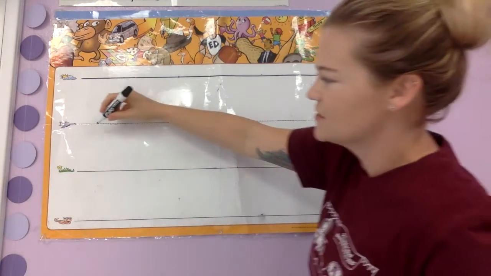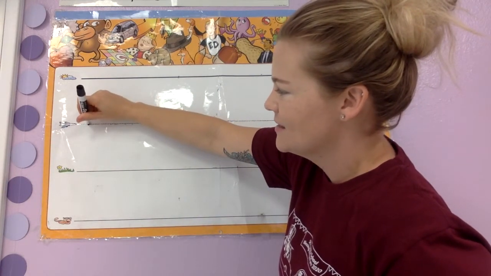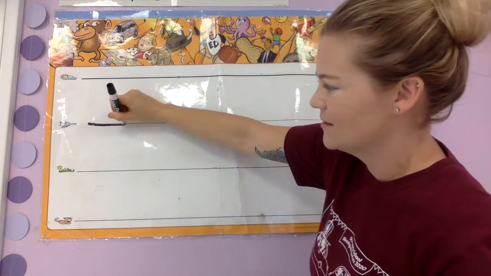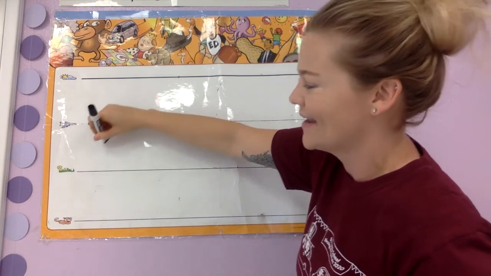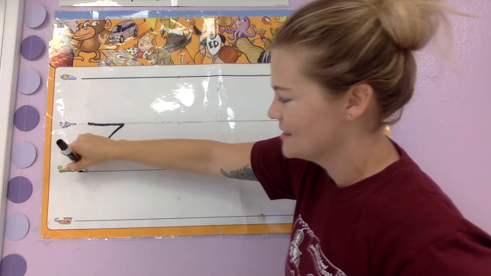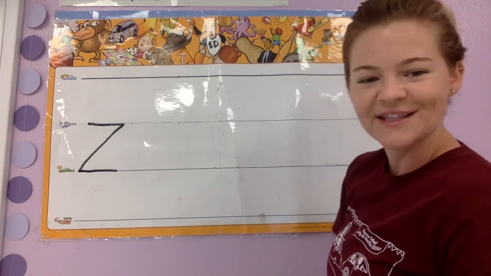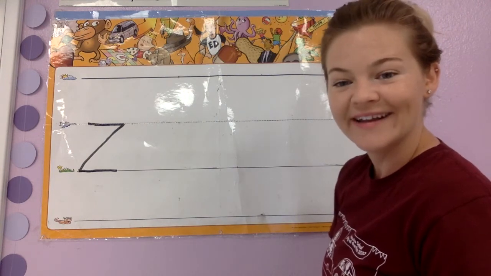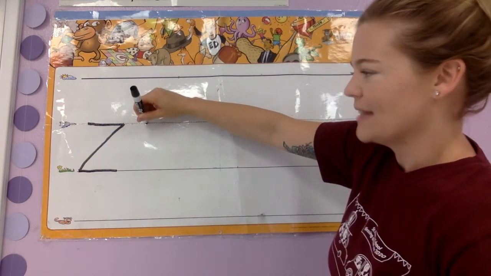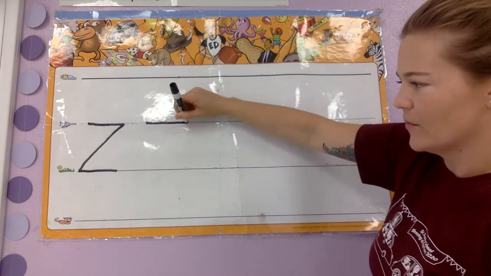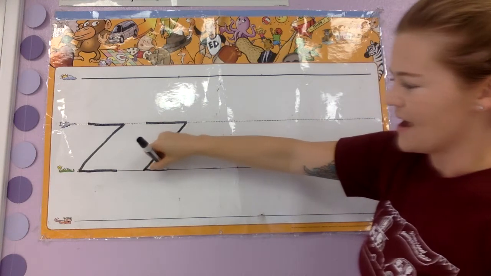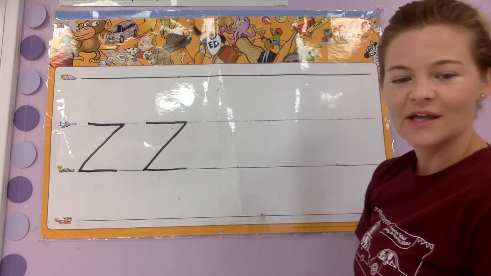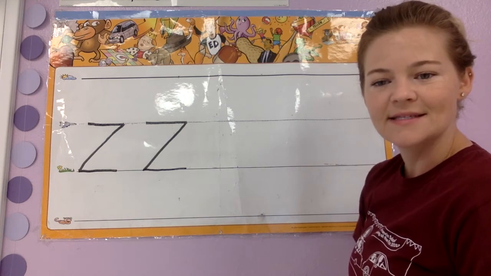All right, so for lowercase z, we're going to start on the plain line, and we just slide forward, and then we slant down to the grass line, and then slide forward again, and that's lowercase z. Okay, let's try it again. We're going to start on the plain line and slide forward, and then we slant down to the grass line, and then slide forward again, and that's lowercase z makes a z sound.